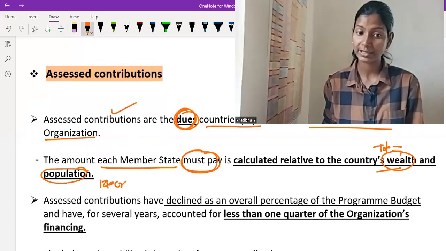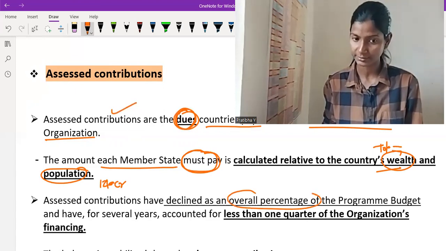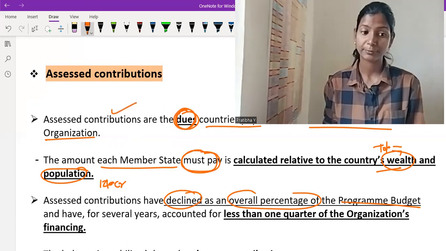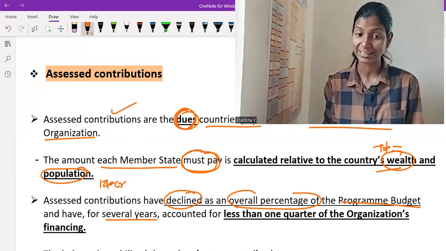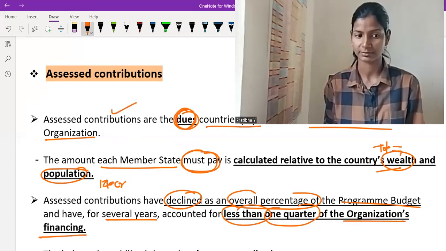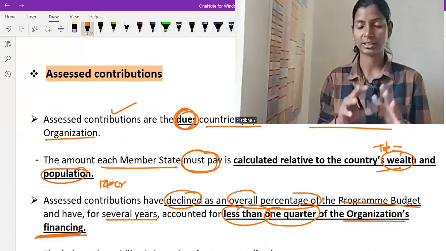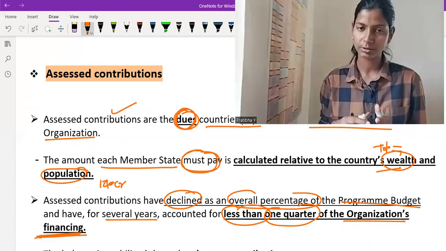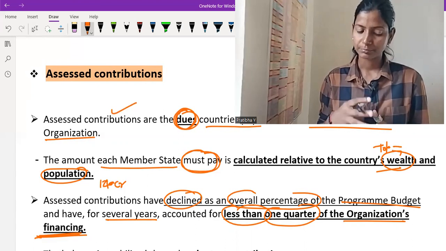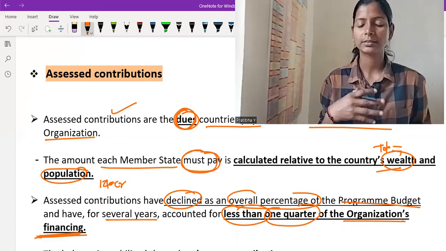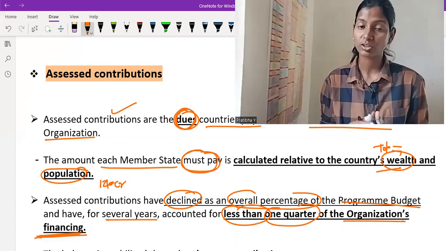SS contribution has declined as an overall percentage of the program budget, and for several years has accounted for less than 1/4 of organization financing. That means when the organization launches any program, it costs a budget.